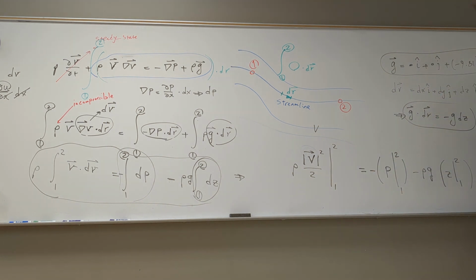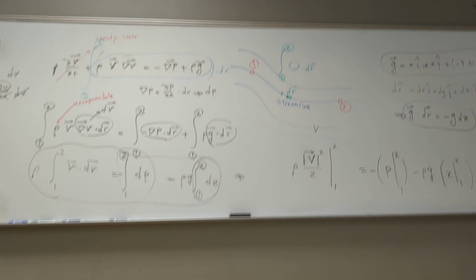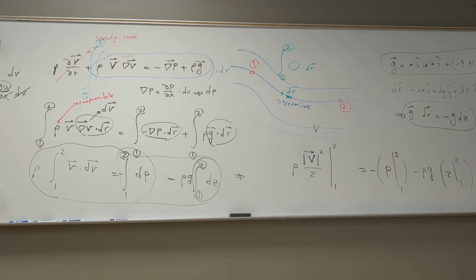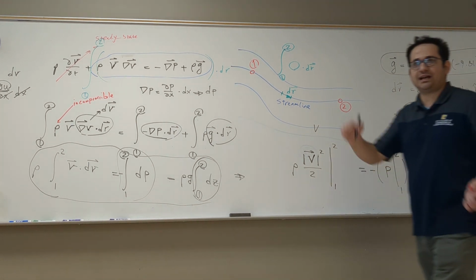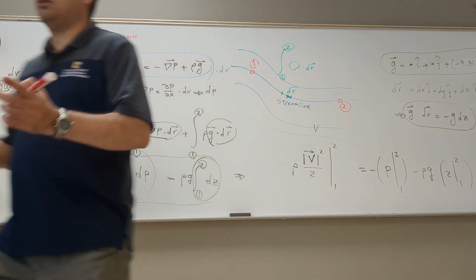From that, you get rho V2 squared over 2 minus rho V1 squared over 2 is equal to, this is the left-hand side, the right-hand side we get negative P2 minus P1, right? Minus rho g Z2 minus Z1. Isn't that the same equation I had here? I just applied the bounds, integral bounds.